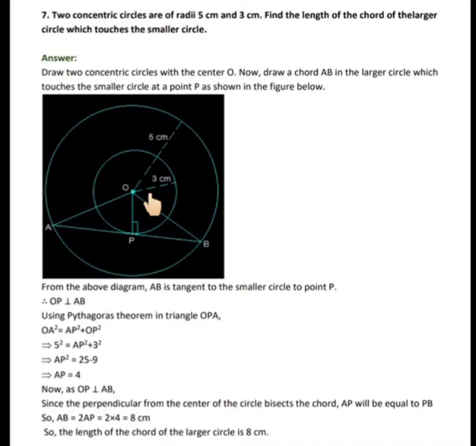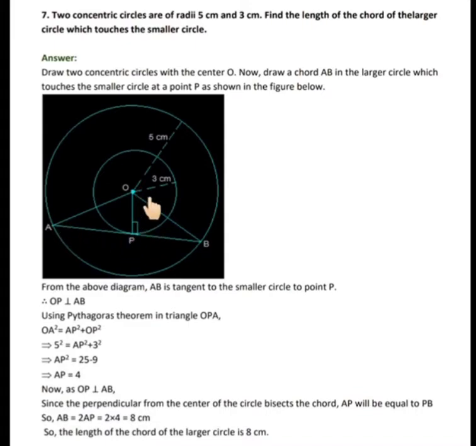Why will we use Pythagoras theorem? Because angle OPA is 90 degrees, as OP is perpendicular to AB. Now by Pythagoras theorem, hypotenuse square, which is OA square, is equal to OP square plus AP square.